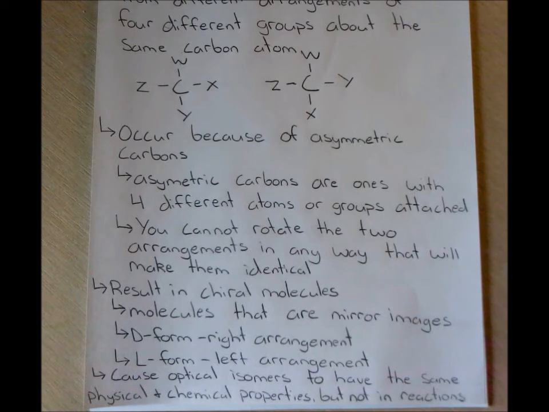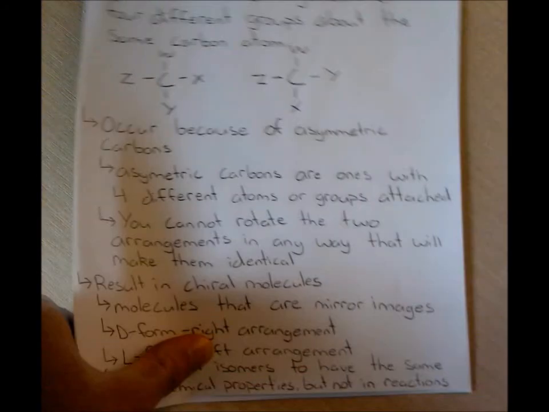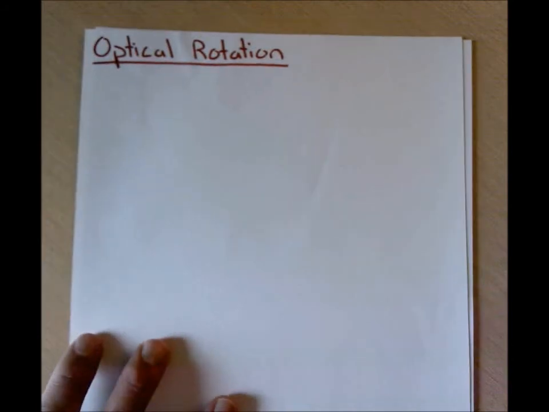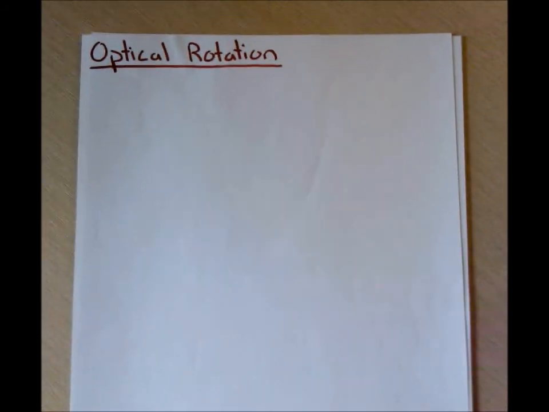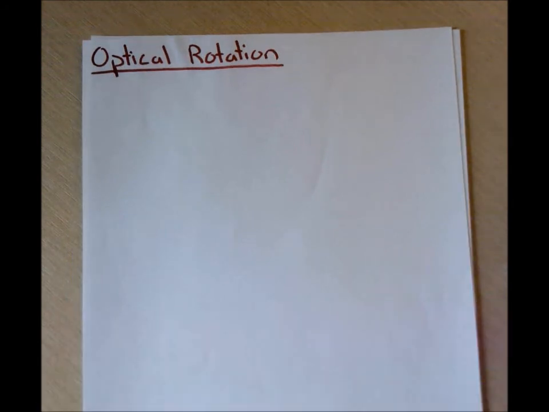So the last thing is this. We have to get to this subject known as optical rotation. With optical rotation, we essentially carry over exactly what we talked about with optical isomers.